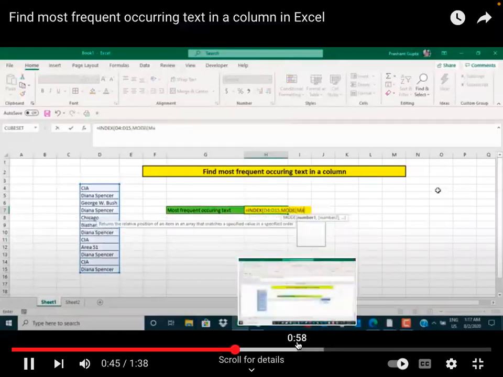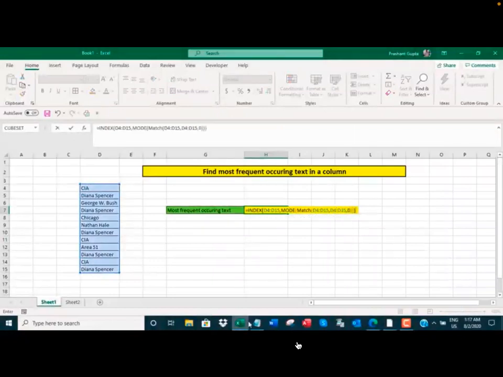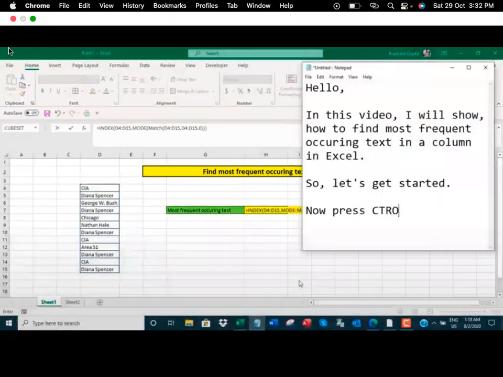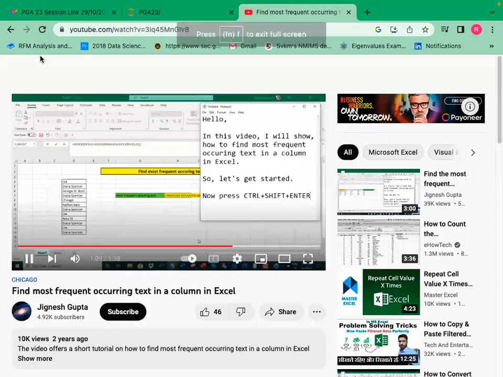Index, mode, match. Control plus Alt plus Enter. Shift plus Enter. Okay.